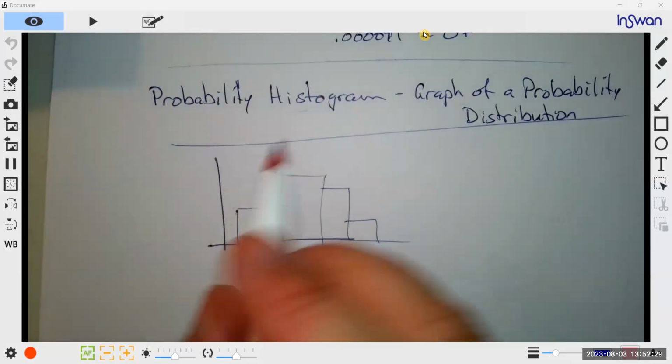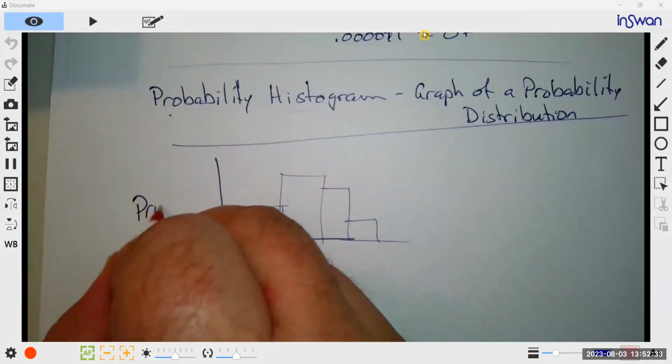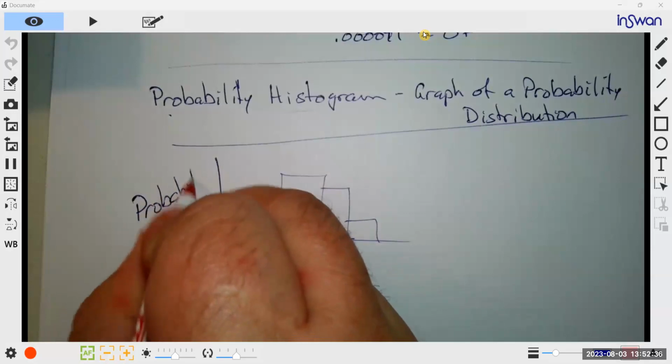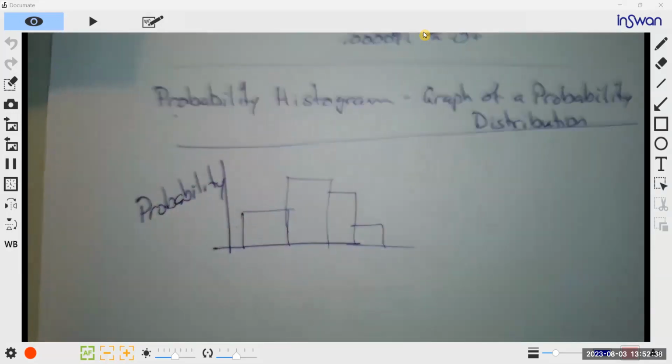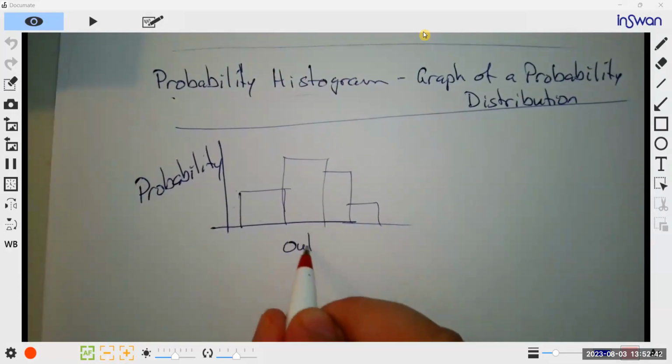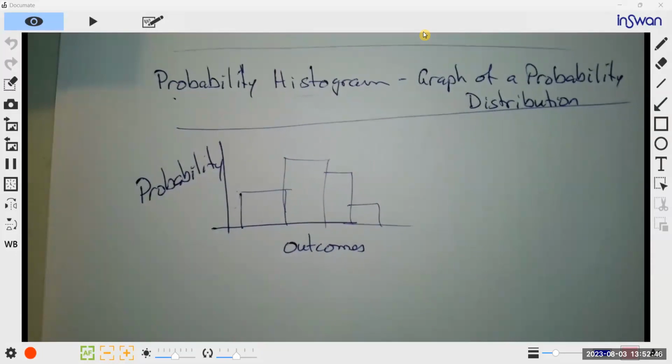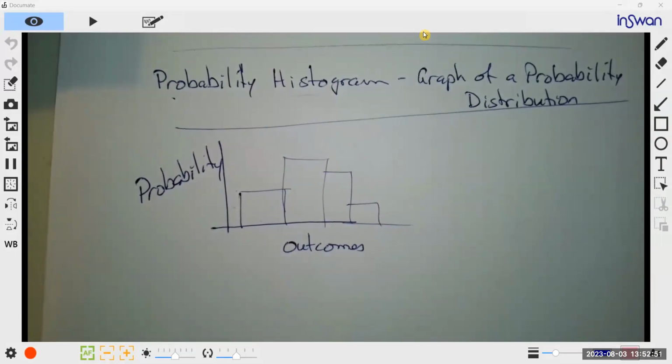So in our case, in this probability histogram, the vertical axis is our probability. And our horizontal axis deals with the actual results.